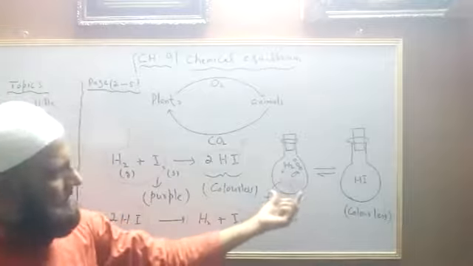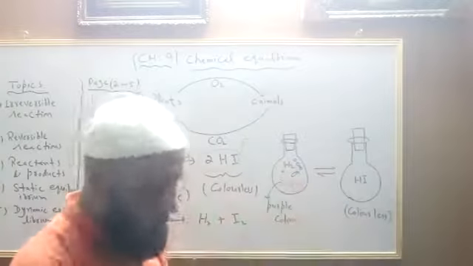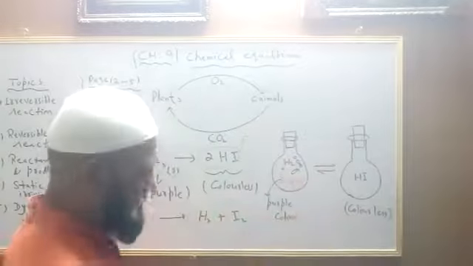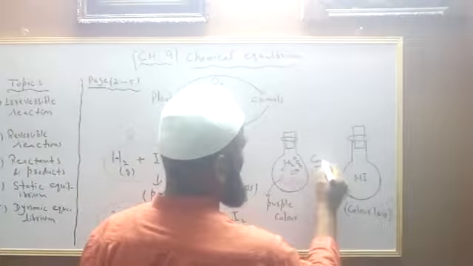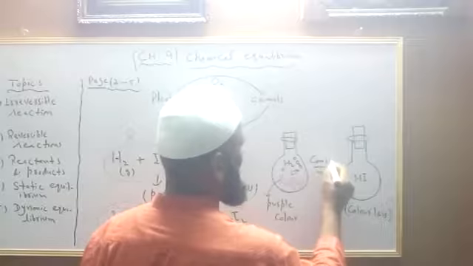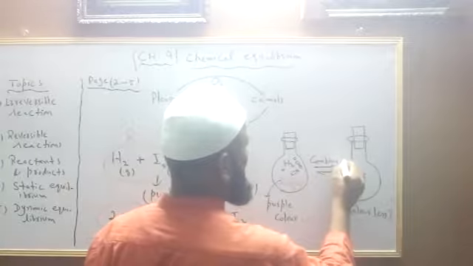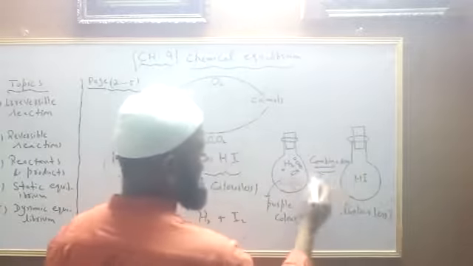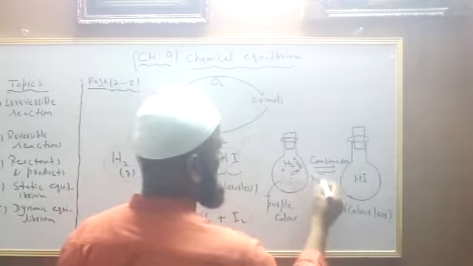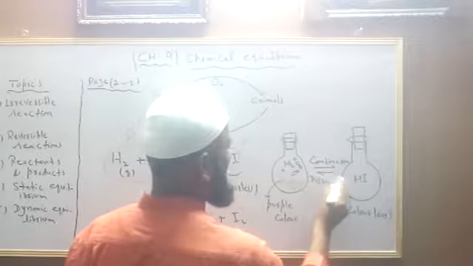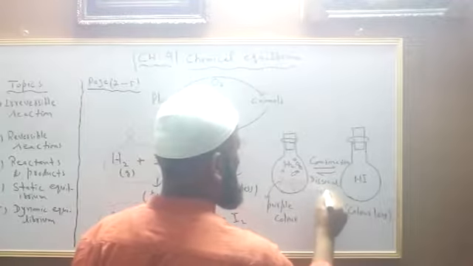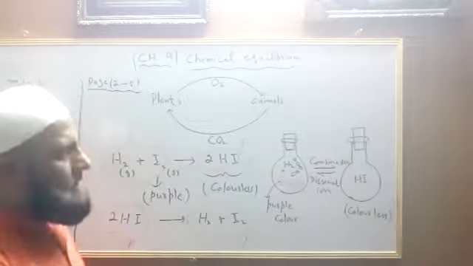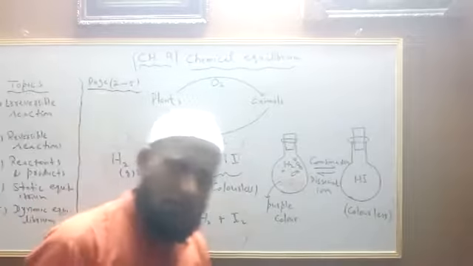So this diagram indicates that if the reaction goes in the forward direction, it would be your combination, and here you would get dissociation. Combination and dissociation, or decomposition, you can say.